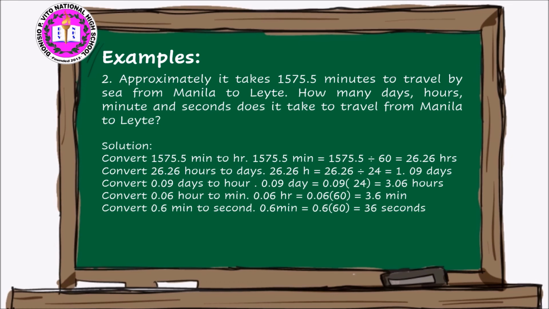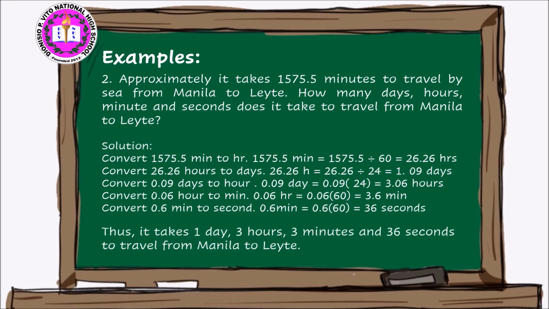So 0.06 hour is equal to 0.06 times 60, which is equal to 3.6 minutes. And we're going to convert 0.6 minutes to seconds. So 0.6 minutes is equal to 0.6 times 60, which is equal to 36 seconds. Thus, it takes 1 day, 3 hours, 3 minutes, and 36 seconds to travel from Manila to Leyte.